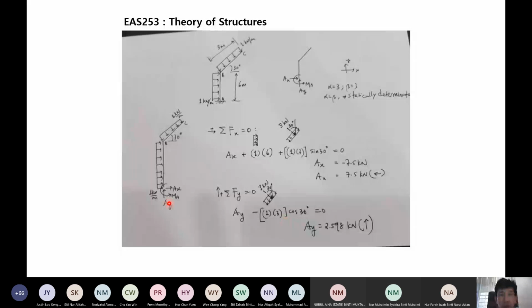So in this case, we need to consider the horizontal and vertical component of this UDL, which is acting on this inclined member, because this is not acting in X direction or Y direction, but in this direction, which is perpendicular to the member. So this process we have to go through.